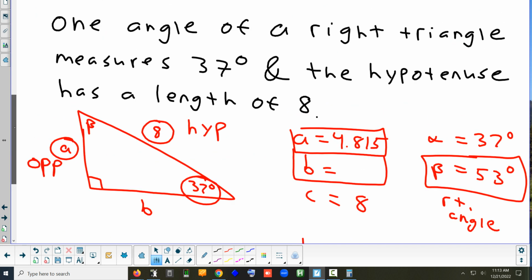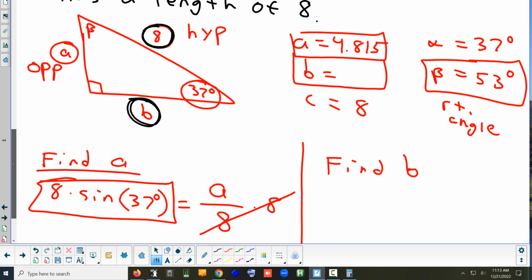And this time, we're still using the 8, because that's the side that was given. But now we want to find B. So what is side B in relation to the 37? Adjacent. So no hypotenuse, we want adjacent.